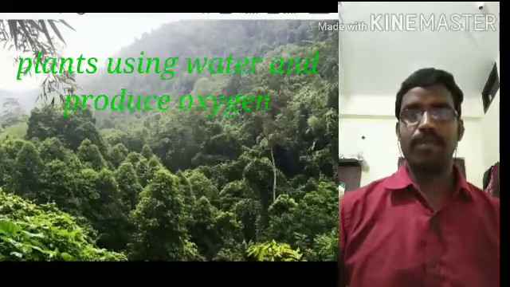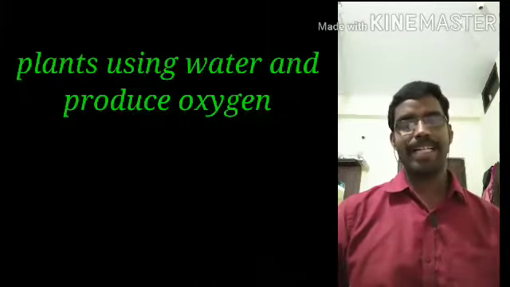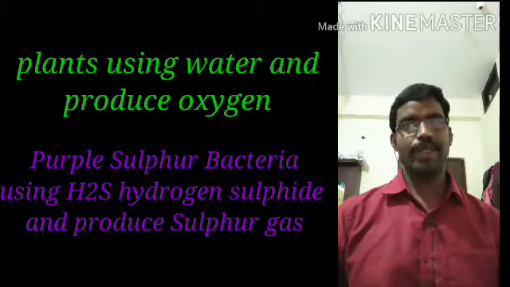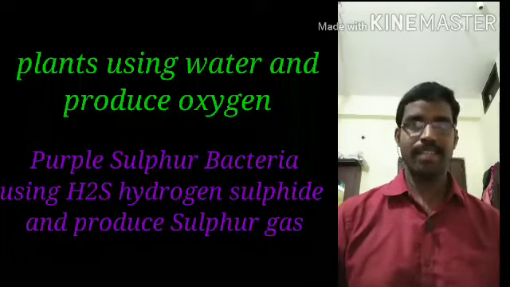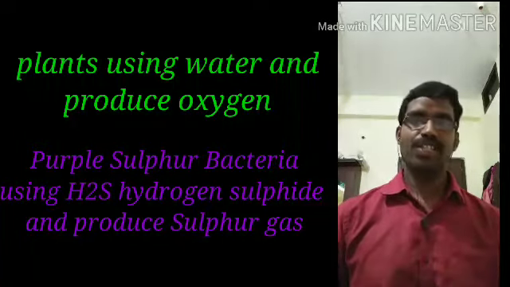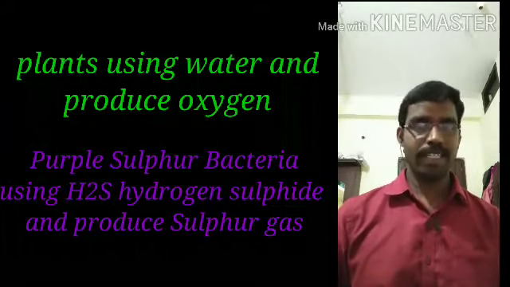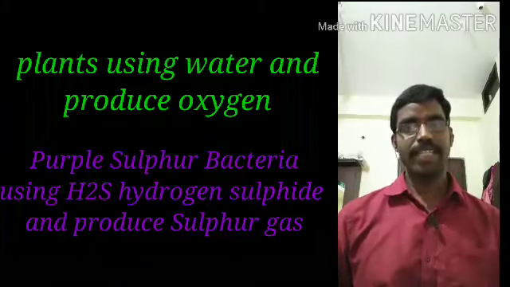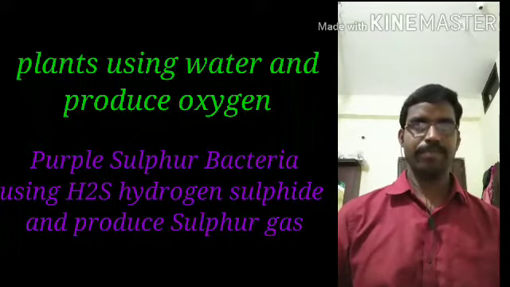Commonly, all plants use water, H2O, to produce glucose in the photosynthesis process, producing oxygen. But some bacteria, especially purple sulfur bacteria, use H2S, hydrogen sulfide, instead of water, and produce sulfur instead of oxygen.